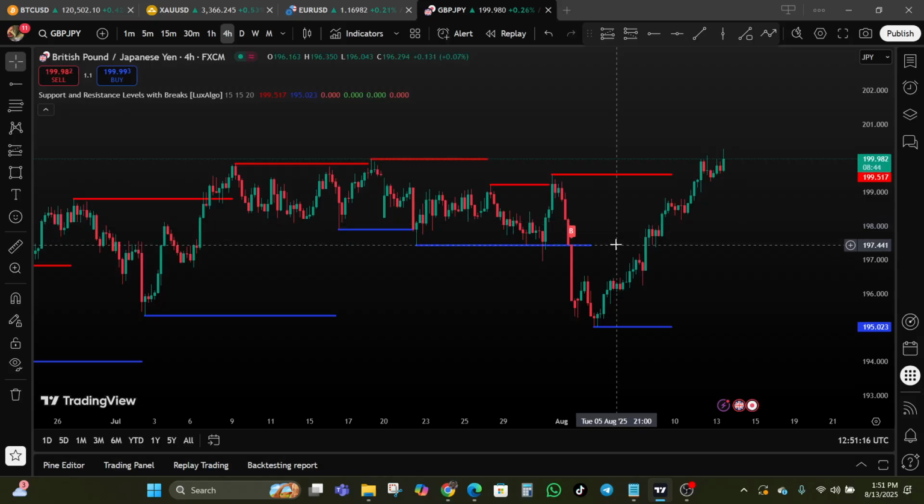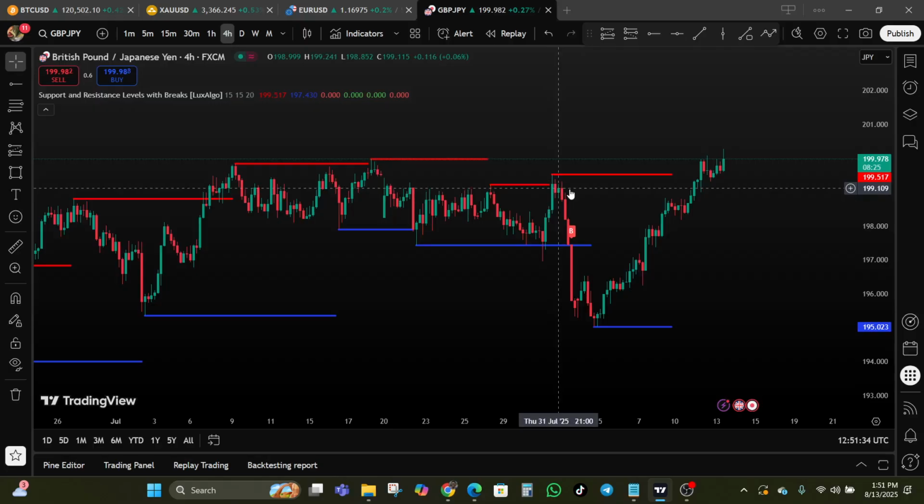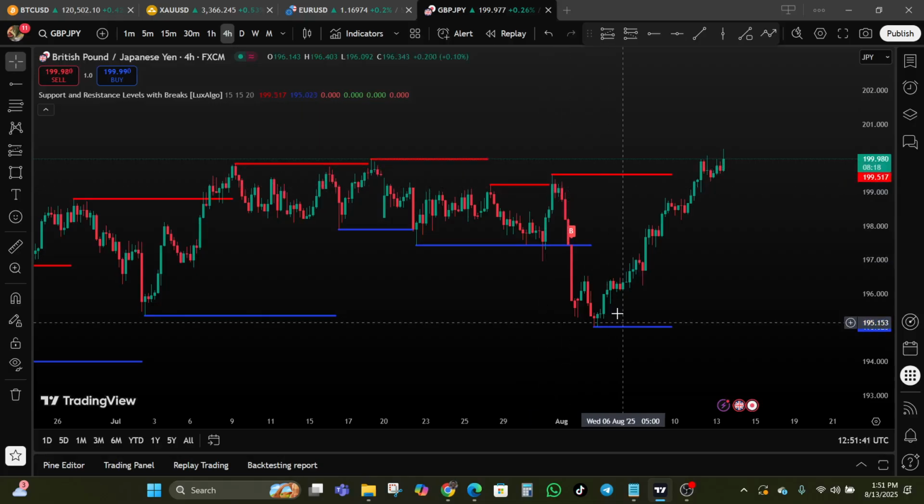So let's say price approaches a resistance zone, like what happened here. Price approached this resistance zone, you look for short opportunities. The same applies in reverse for support zones: you look for buy opportunities. One of the things you're looking out for is candlestick confirmation. If you get a bearish candlestick confirmation around the resistance zone, it's a good sign, and when you get a bullish candlestick around the support zone, it's a good sign.